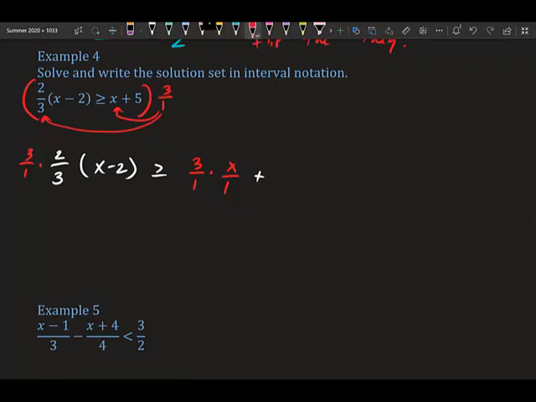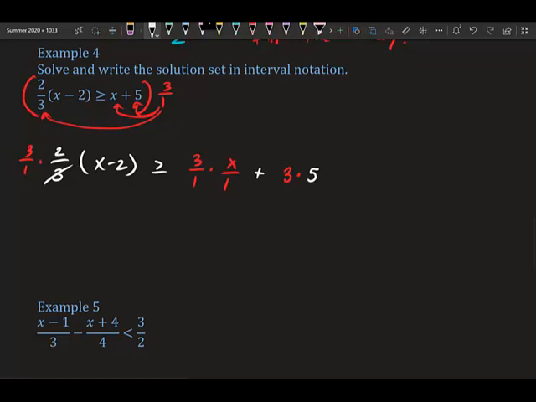You could just do 3 times 5. So our goal was to get rid of the fraction, and we did. So we're left with 2 times x minus 2 is greater than or equal to 3 times x, plus 3 times 5, which is 15.